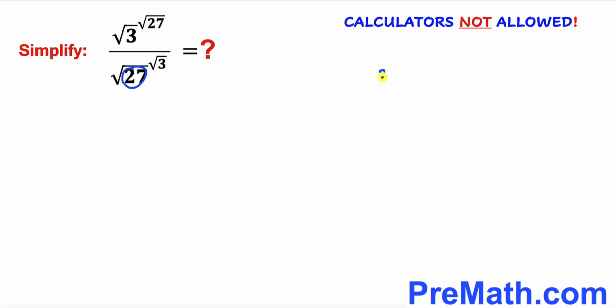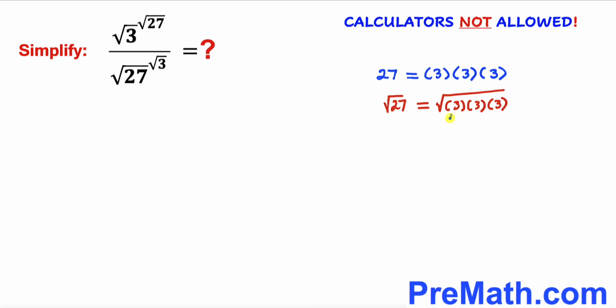I'm going to copy it down over here, and we can see 27 could be written as 3 times 3 and then times 3 once again. And if I take the square root of 27, then we are going to have the square root of 3 times 3 and then times 3.